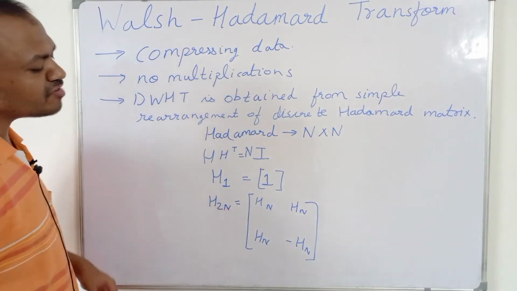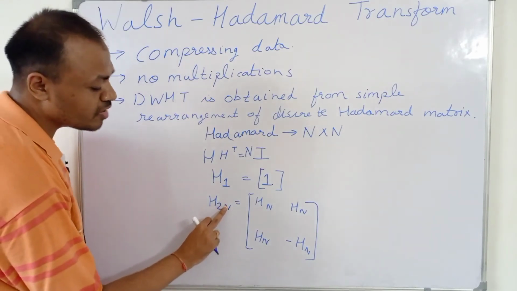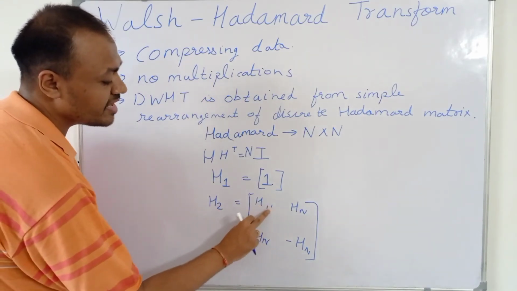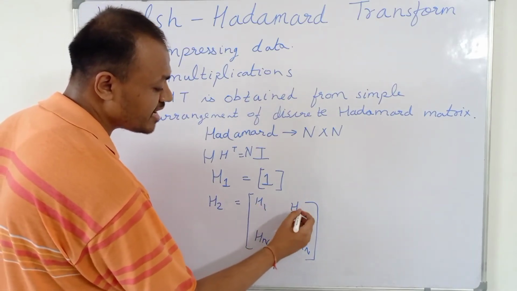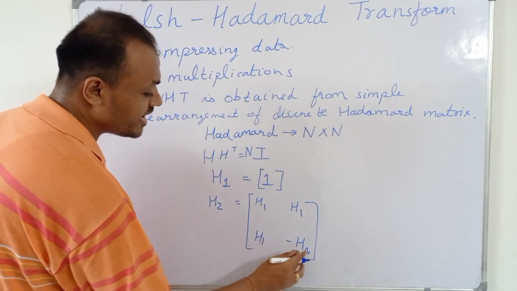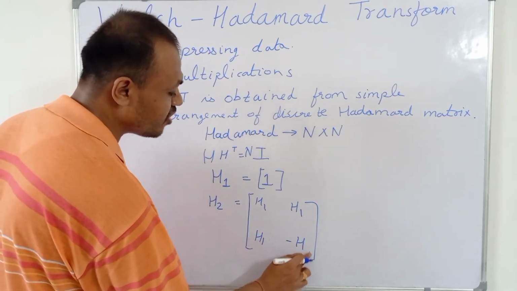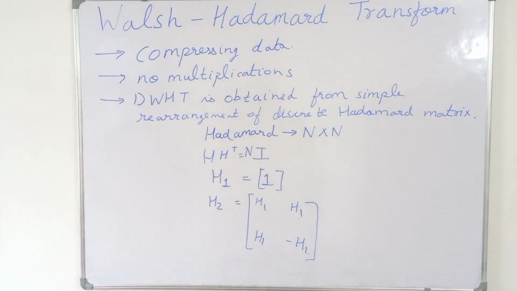Suppose we have to obtain the Hadamard matrix for order 2, so n will be equal to 1. The Hadamard matrix for order 2 can be easily obtained from the Hadamard matrix of order 1.